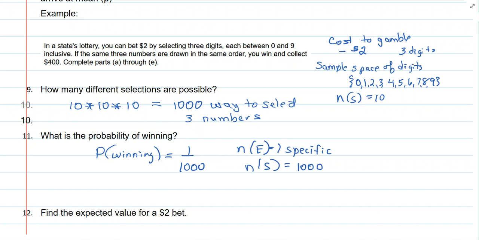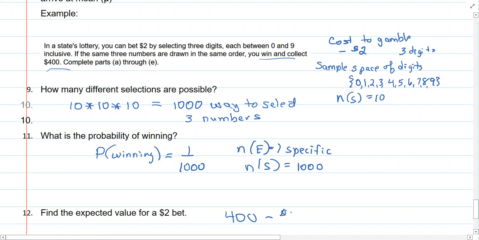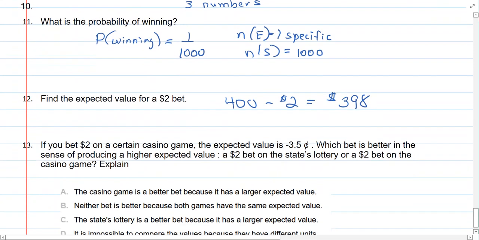We're assuming that we're going to win, so our expected value is $400, because there's $400 you can win and collect, minus the $2 that you spent. So our expected value of winning is $398.